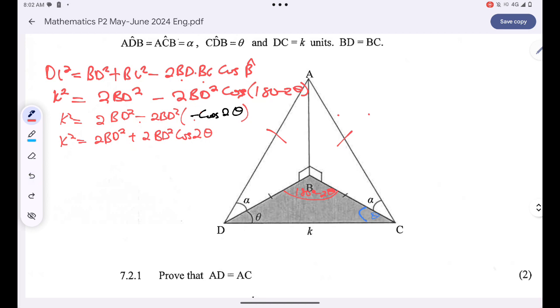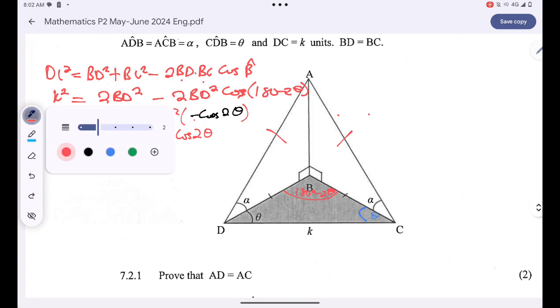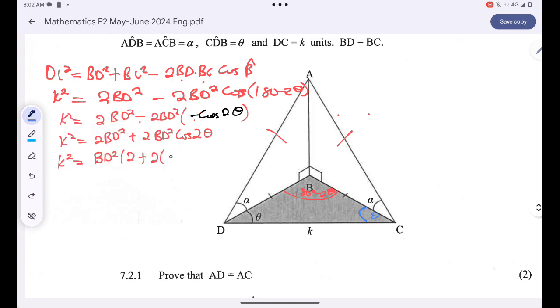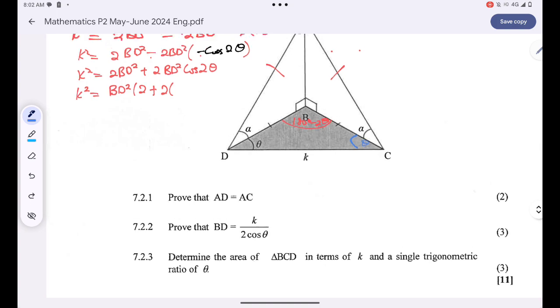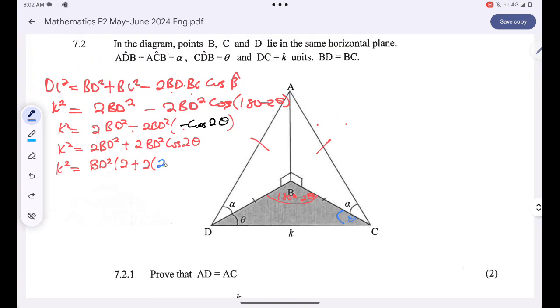I can take out a common factor. I'll be left with K squared being equal to BD squared times 2 plus 2 cos 2 theta. Cos 2 theta is 2 cos squared theta minus 1.